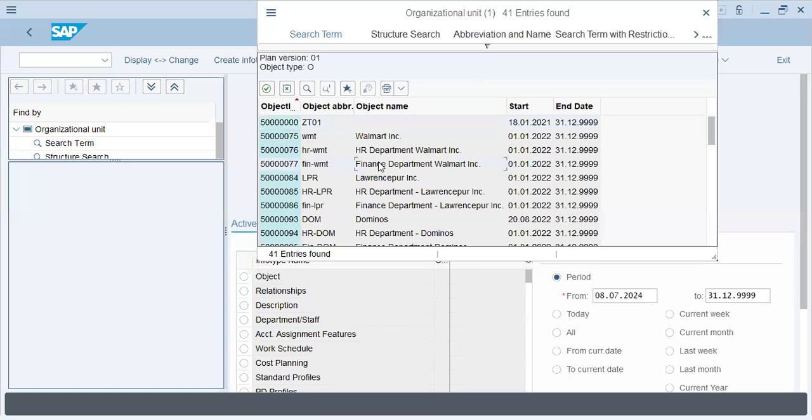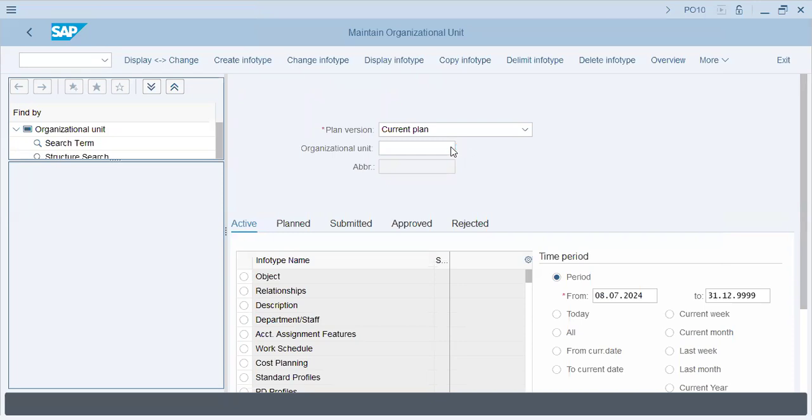Okay, we'll pick up Walmart right now. Okay, enter, and it has these info types. Now, what are info types? These are the heart and soul of HCM. It has maintained some relationships. We'll go and just display what is maintained in relationships.